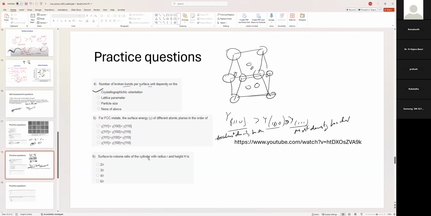Surface to volume ratio for a cylinder with radius R and height H is.